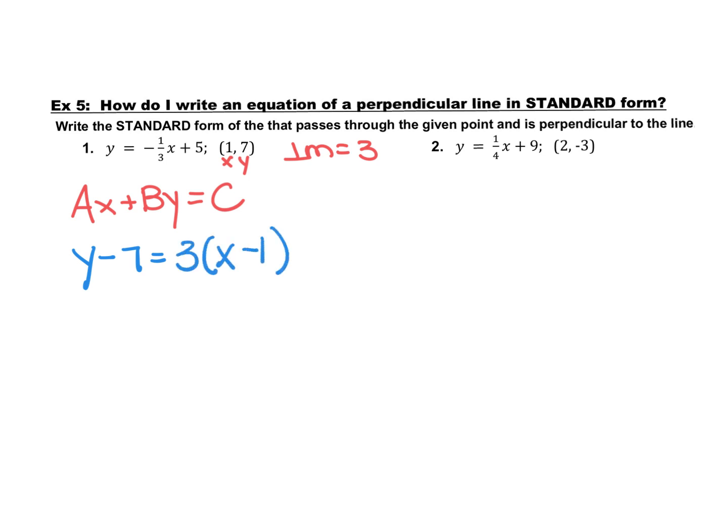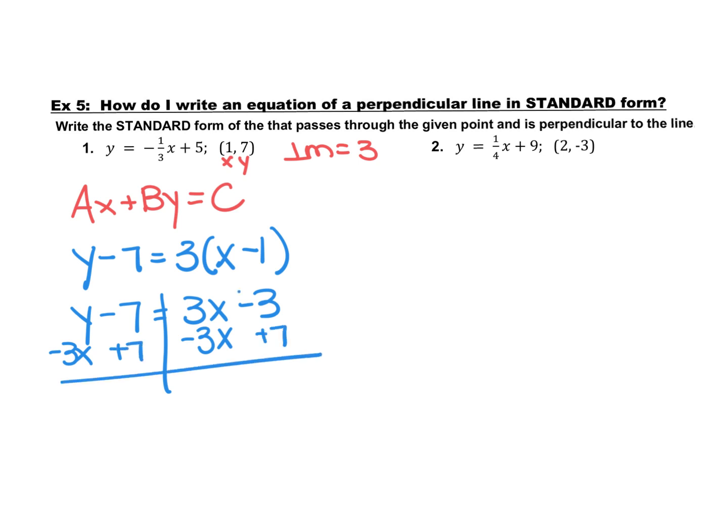All right, so now let's get this rearranged, 3x minus 3. So we want to subtract our 3x. We're going to add our 7. So these then cancel out, and I have negative 3x plus y is equal to 4.